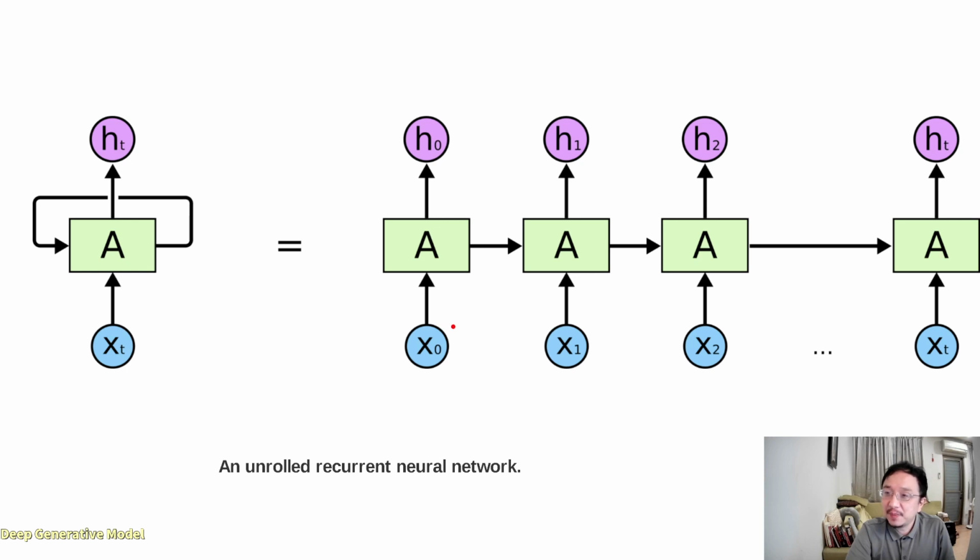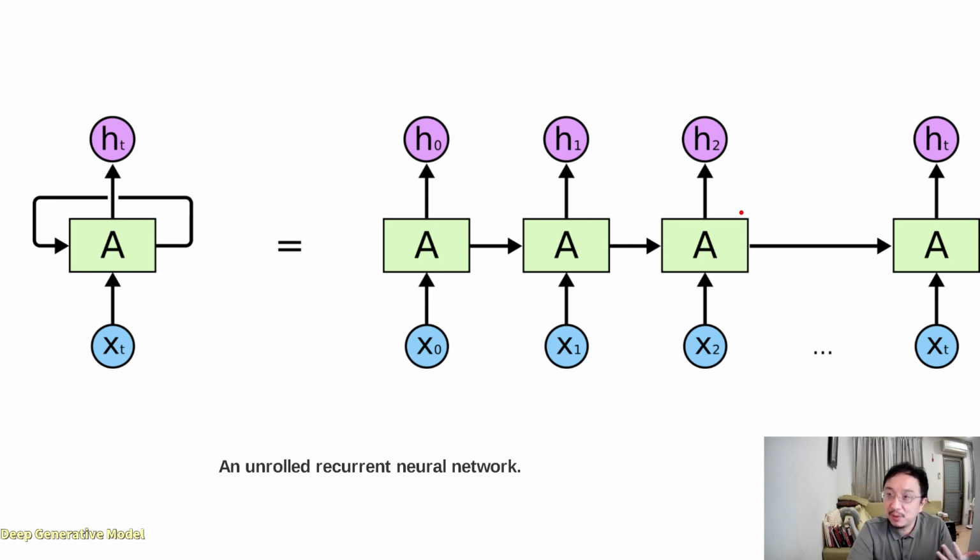It can take any sequence as an input and output any sequence that you want. For example, it can be applied to a machine translation task. So the input is not the same as the output. The input may be an English sentence, and the output may be the equivalent Japanese sentence.